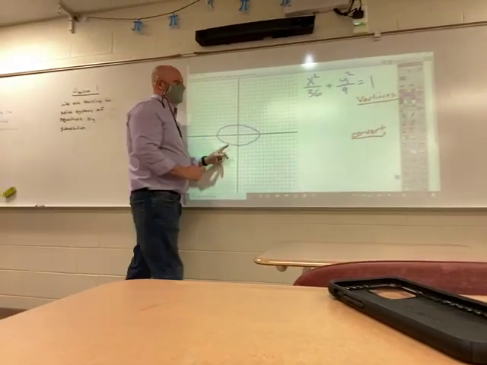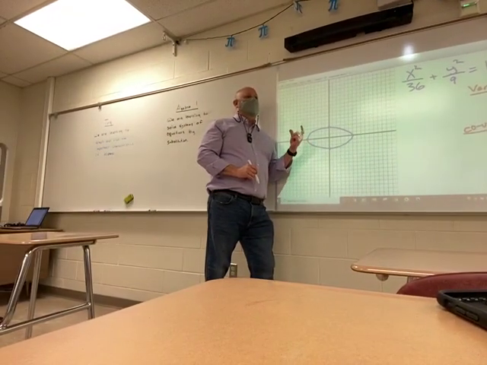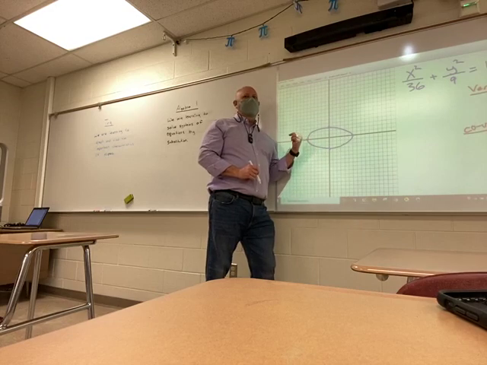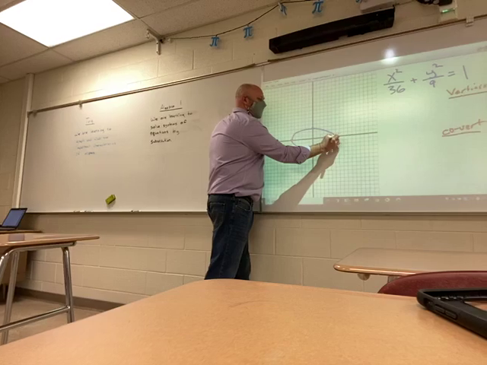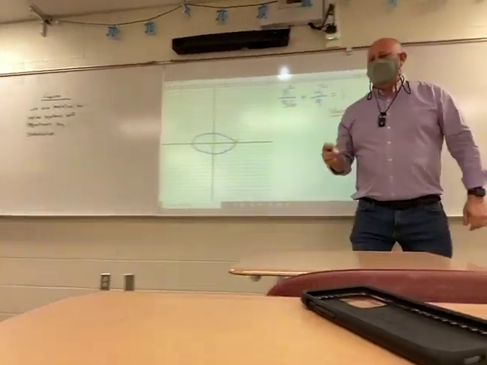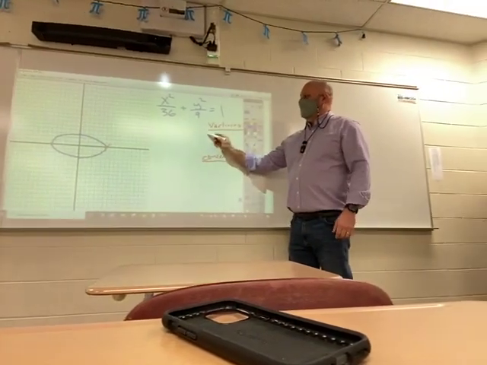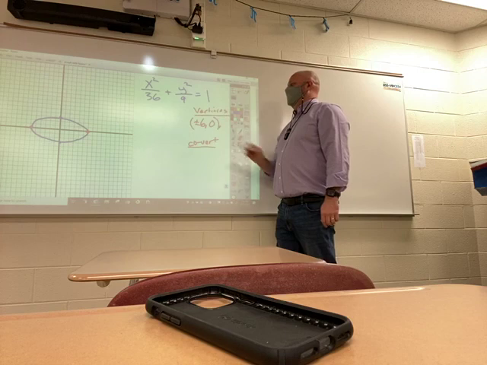Well, the vertices are not always the top and bottom, and they're not always the right and left. It's the bigger number. So which way did we go further? We went right and left further. So those two 6's are going to be our vertices. I would label them as positive and negative 6, 0.